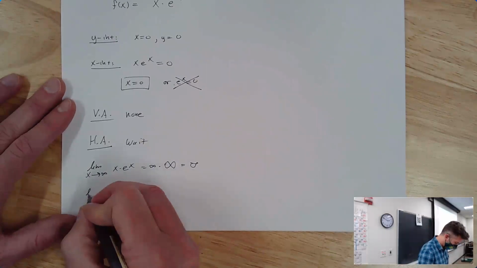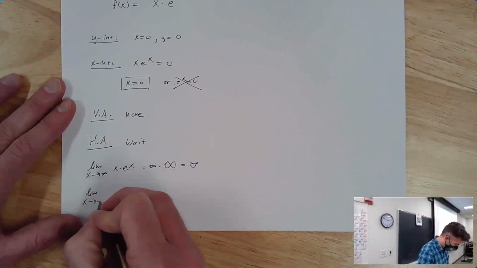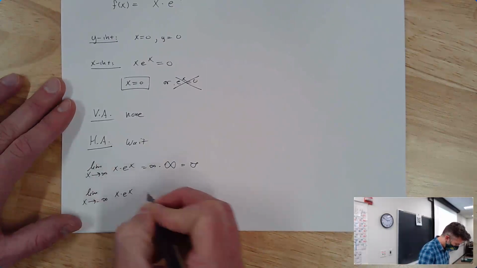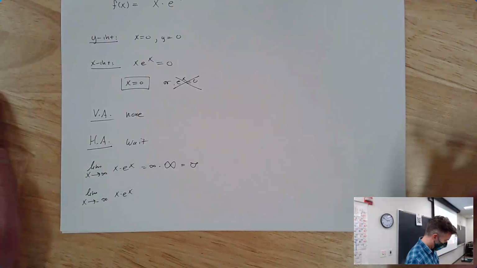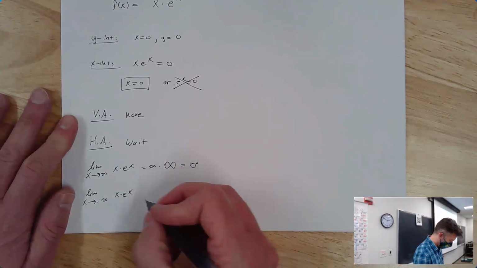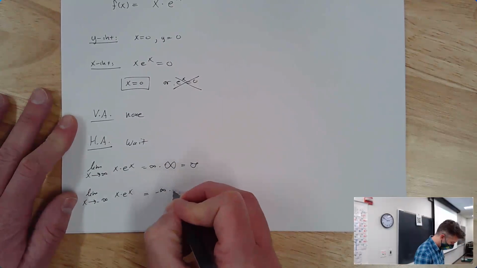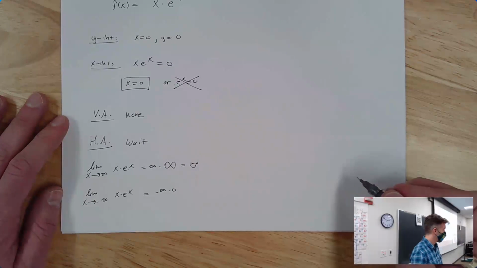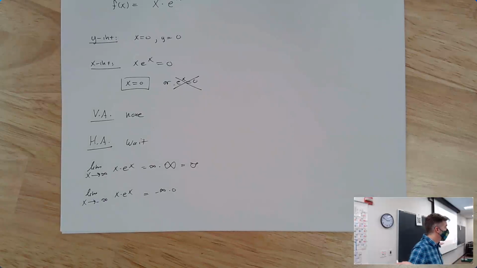On the other side, as x goes to negative infinity, things get interesting. Because that's negative infinity times e to the negative infinity, which is 0. So this is negative infinity times 0, which is indeterminate. It can be anything.